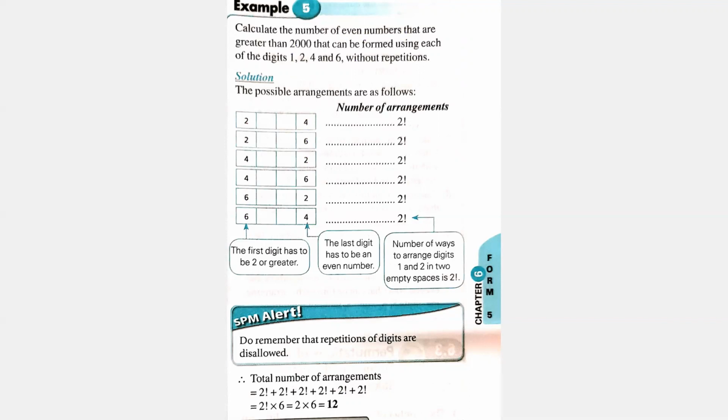I cannot include 1 in the first and the last positions. Whatever I do, I am left with 2 empty spaces, so I have 6 tries with 2 empty spaces. My total number of arrangements can only be 2 times 6, which equals 12.